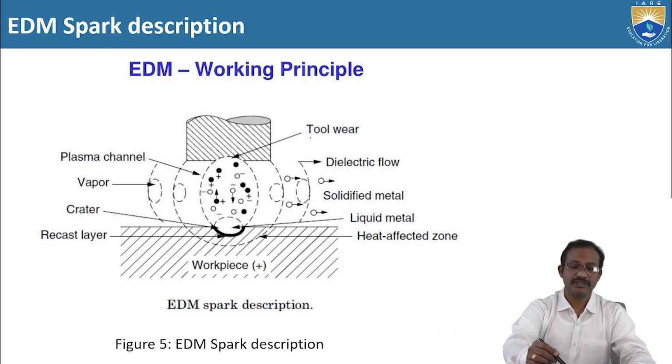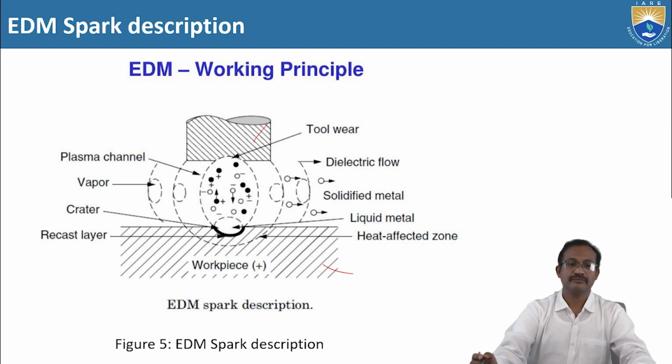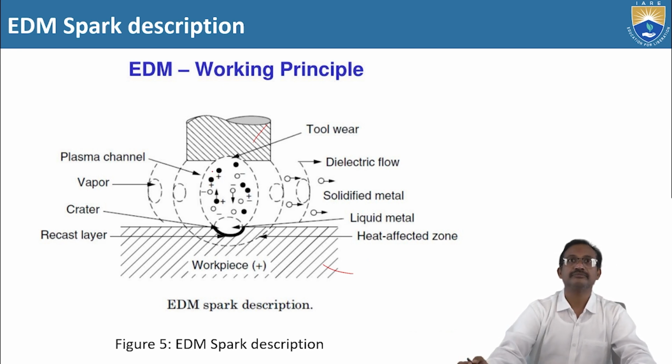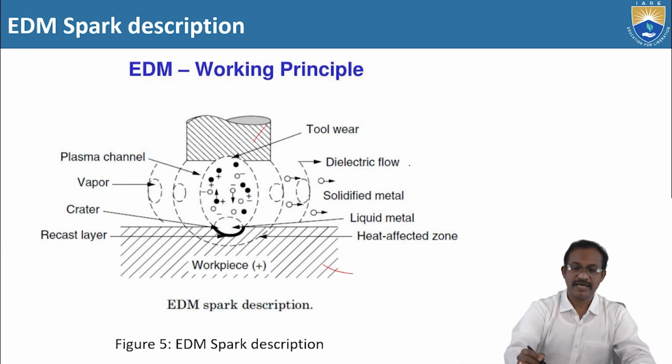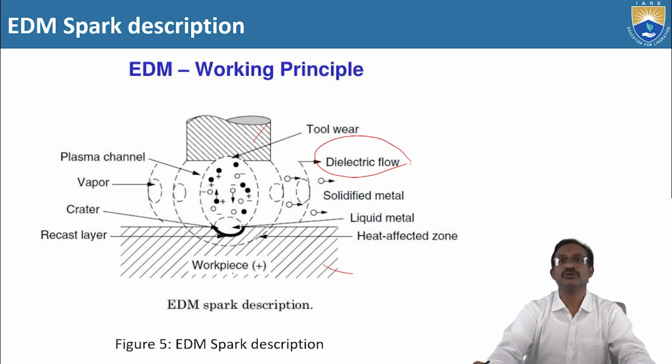This is the tool, this is the workpiece. The plasma channel, this one. This is dielectric flow between the workpiece and the tool. Of course, both tool and workpiece are completely immersed in dielectric fluid medium.